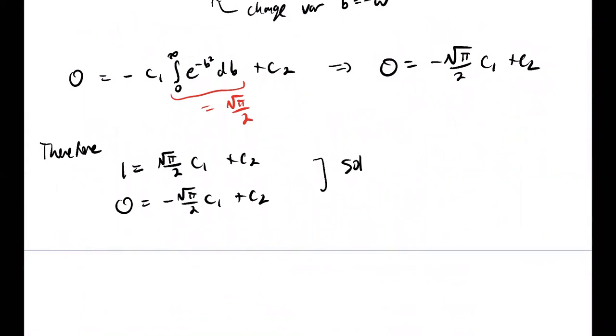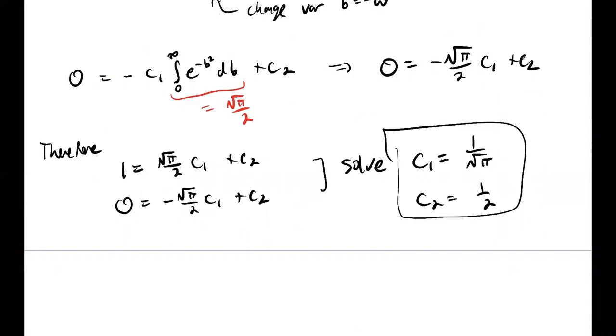I'm going to omit the algebra, but if you pause the lecture for a minute, we just add the equations, and that tells you that c2 has to equal 1/2, and then you can solve for c1. c1 is equal to 1 over square root of pi, and c2 is equal to 1/2. Again, just solve the system of linear equations.